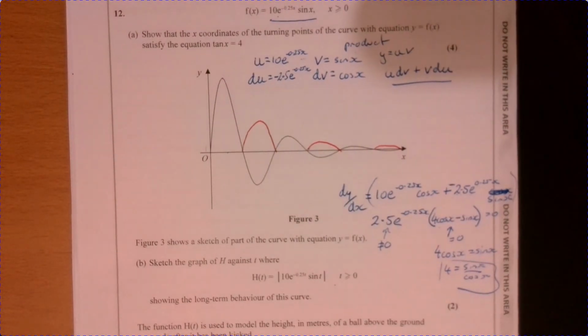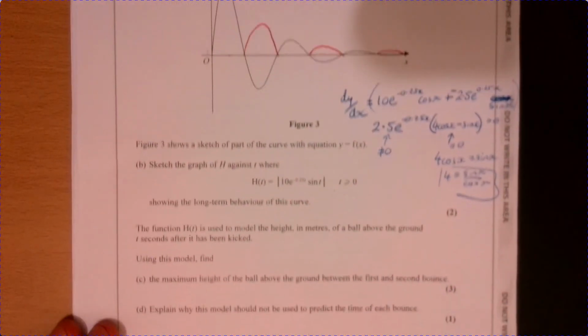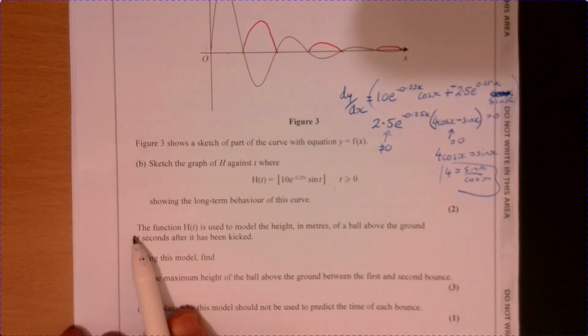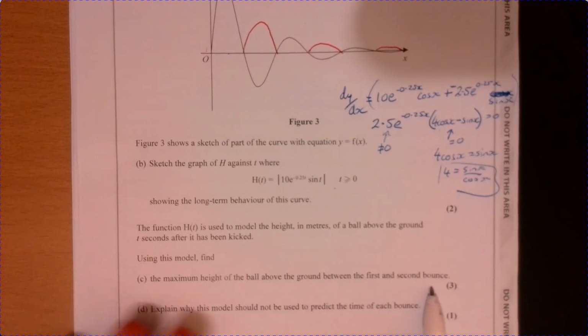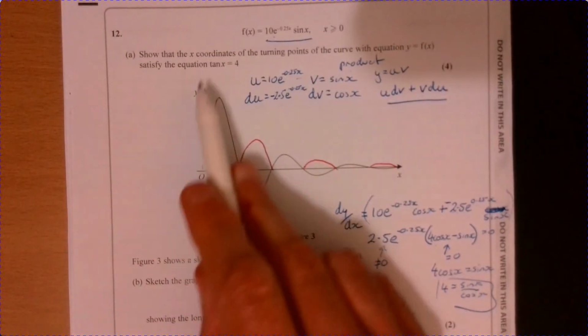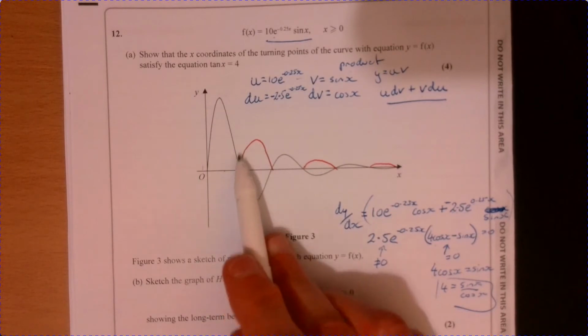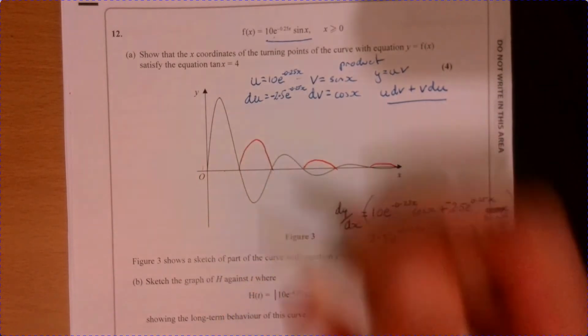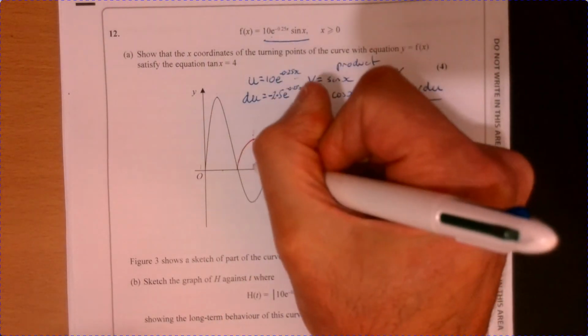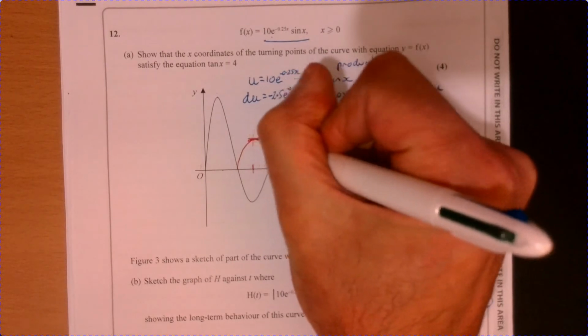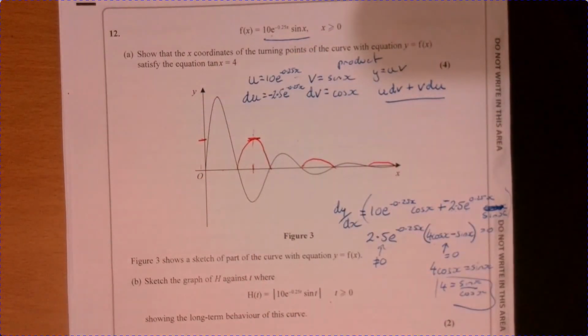Then part C. Part C says, using the model, the maximum height of the ball above the ground between the first and the second bounces. So you've got a ball, it's bounced, there's the first bounce, there's the second bounce. So we're actually interested in what that value is just there.